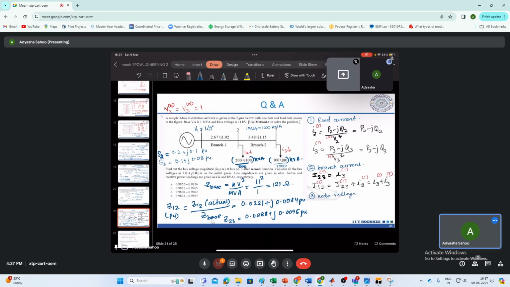For that, V2 is V1 minus Z12 I12. This you have calculated above, and V3 will be V2 minus Z23 I23.